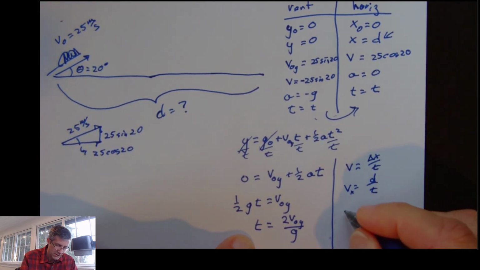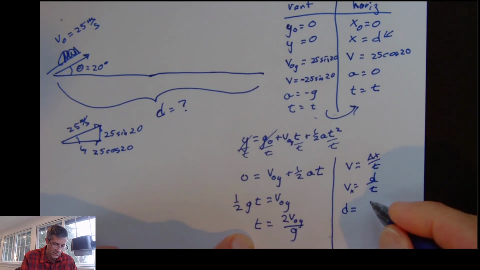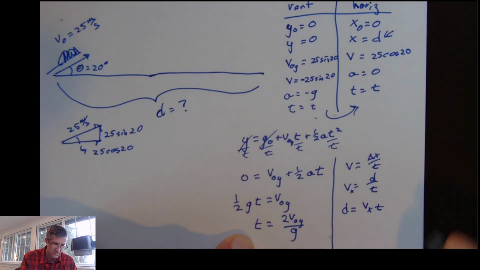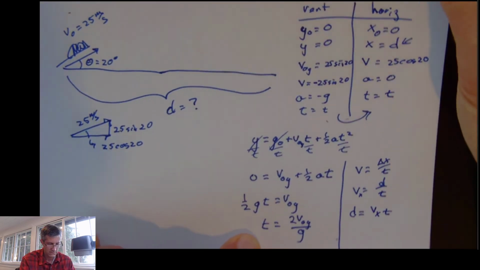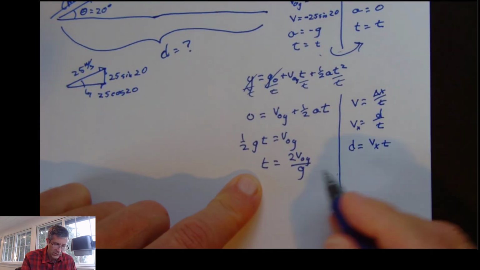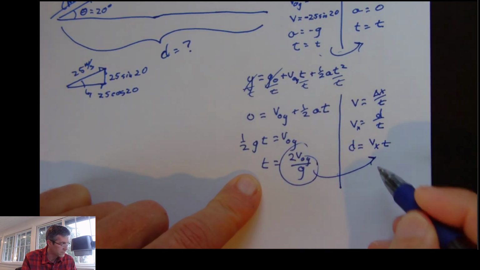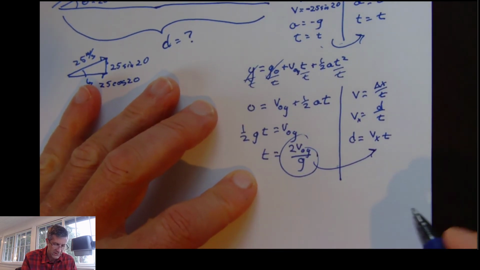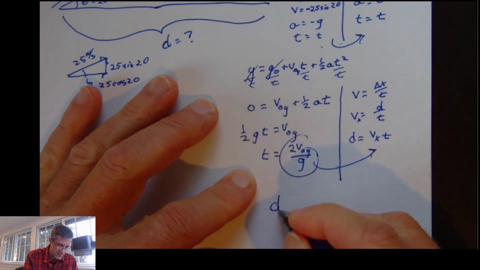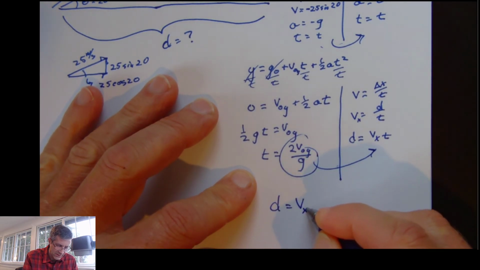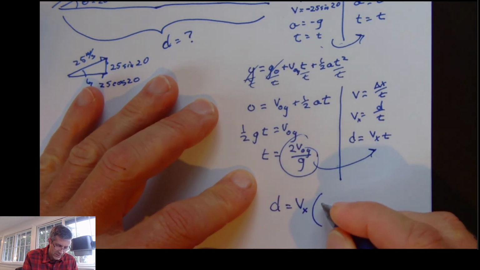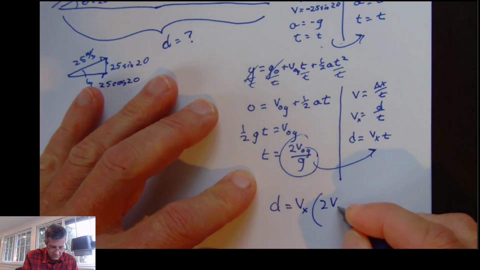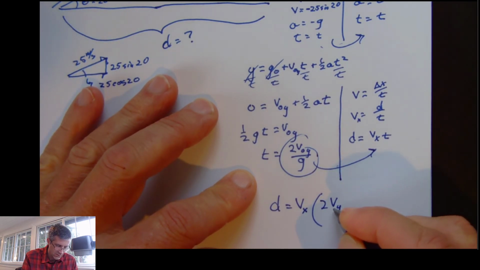So I'm going to say my distance is going to be equal to velocity in the x direction times time. So now I'm going to plug this in for time and combine these together and try to make sense of it. So d is going to be velocity in the x direction times 2 times velocity in the y direction that I start with, divided by g.